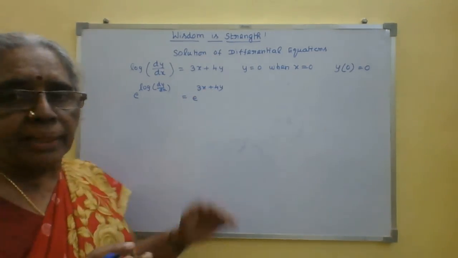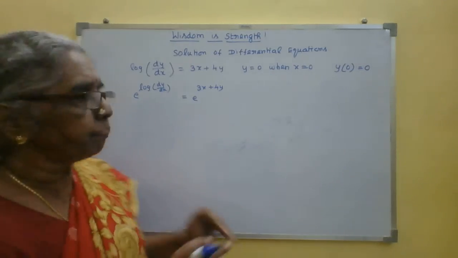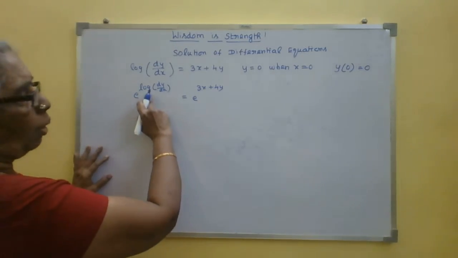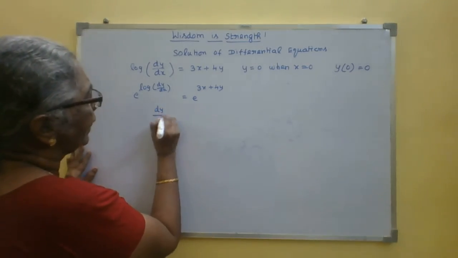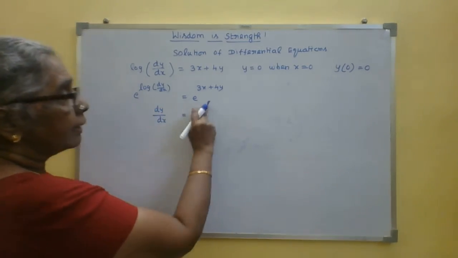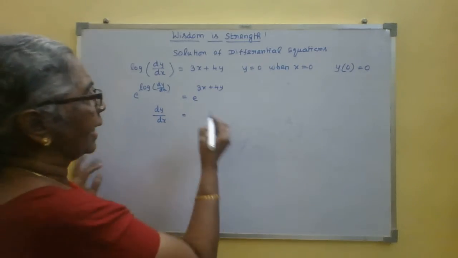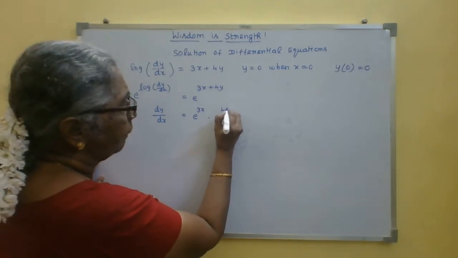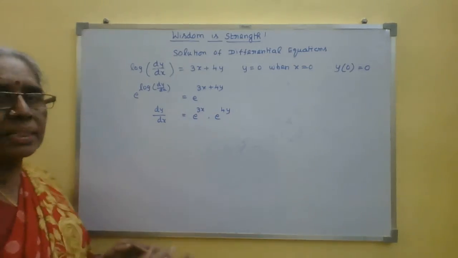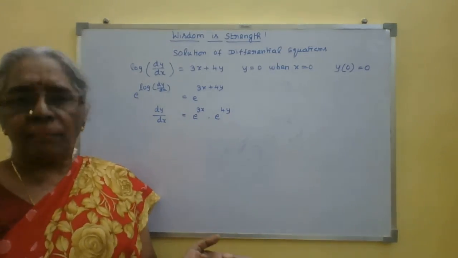You are raising both sides to the power e. Here that e and log will cancel each other. They are reciprocal functions. So you will be getting dy by dx. This is like a power m plus n. You can write it as a power m into a power n. So now it is easy for you to separate the variables.